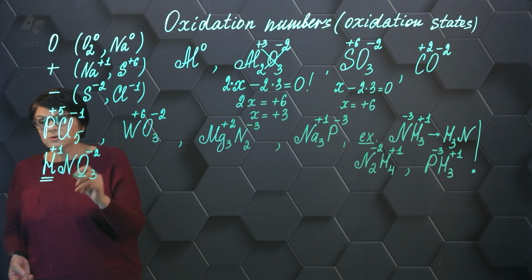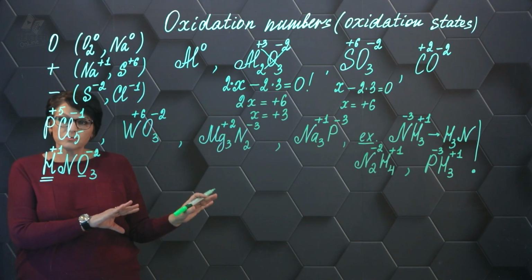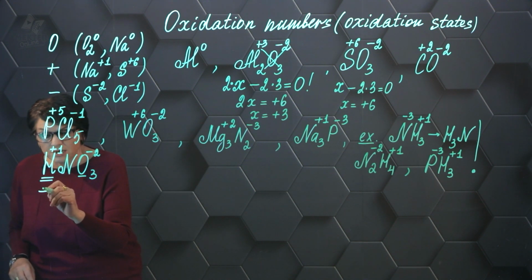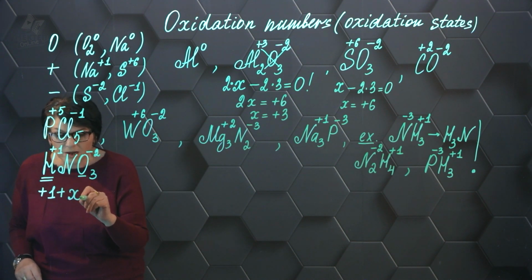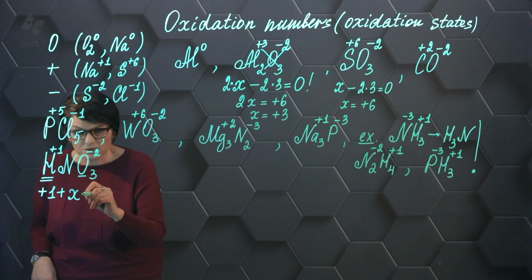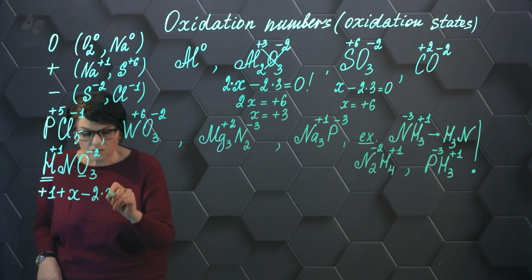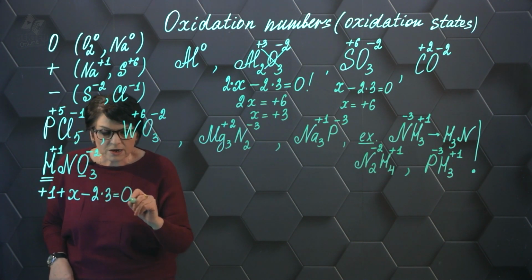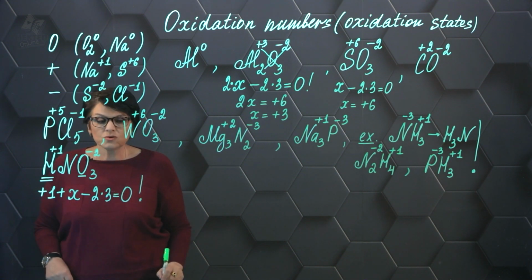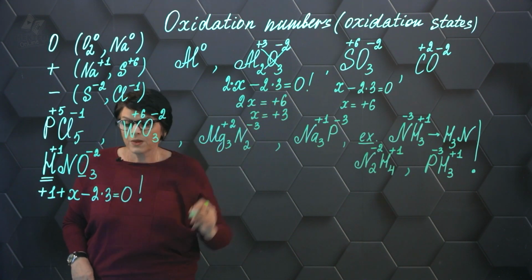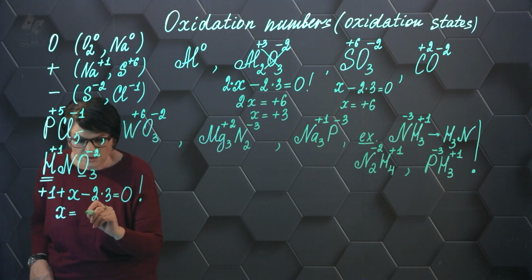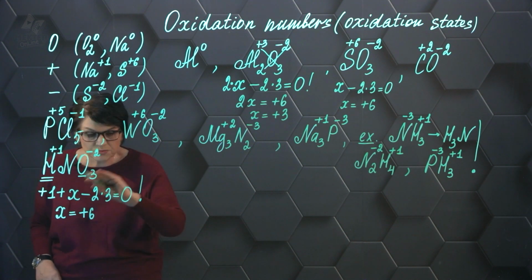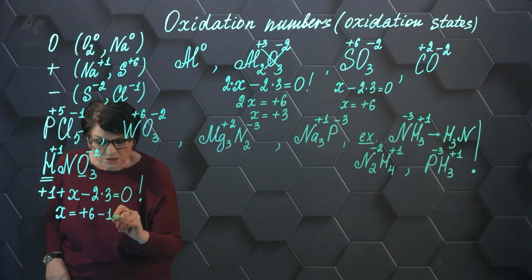Oxygen is the most electronegative, so it's in the last place, and then we calculate through the equation: +1, nitrogen we don't know yet, let's denote it by x, minus 2 times 3, and the total is 0. Then we'll have an equation with one unknown, and on the right-hand side we'll have +6, minus 1 carried over, and so nitrogen will have +5.